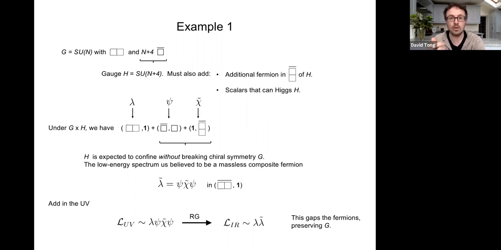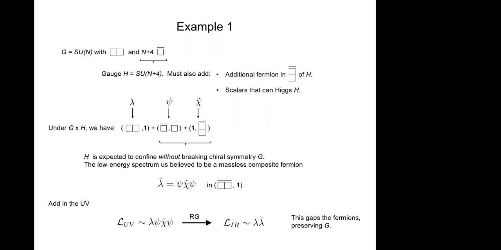And you can see where the hard work was done: the hard work was done by the strong coupling dynamics of H, which bound these objects together, and in doing so changed the representation of G into something different. Something that had the same 't Hooft anomalies as the original, but nonetheless was different. And that then allowed this representation here, this fermion here, to bind with lambda. In other words, the strong coupling dynamics took a set of chiral fermions and turned them into a set of vector-like fermions in the infrared. David, that's the general trick that we're going to be working with.